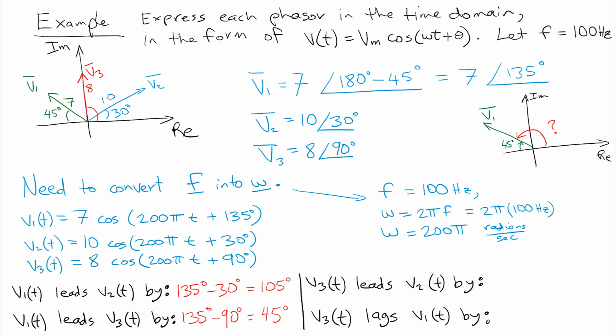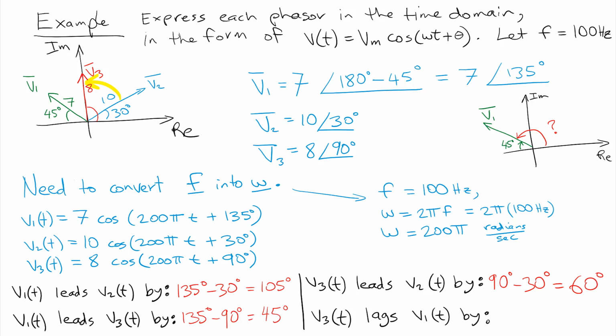So then let's go on the other side here. V3 leads V2 by how much? V3 is in red, and it's leading V2, so we're looking at this angle here. We have V3 at 90 degrees, minus the angle of V2, which is 30 degrees. And that works out to 60 degrees.